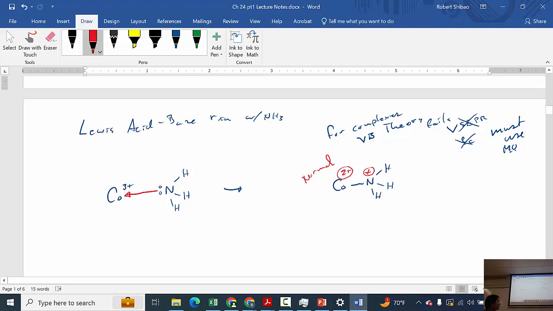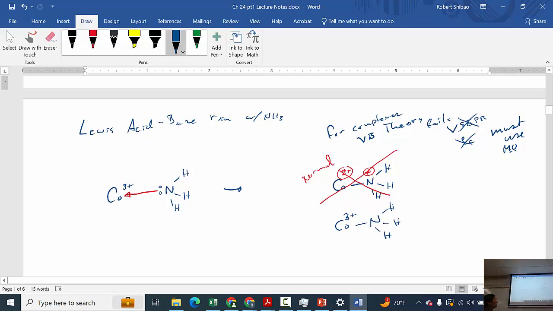But for complexes, we don't do things in a normal way. So for a complex, this is what we're going to do. The cobalt is going to stay at 3+. And the ammonia is going to stay neutral. Like that.